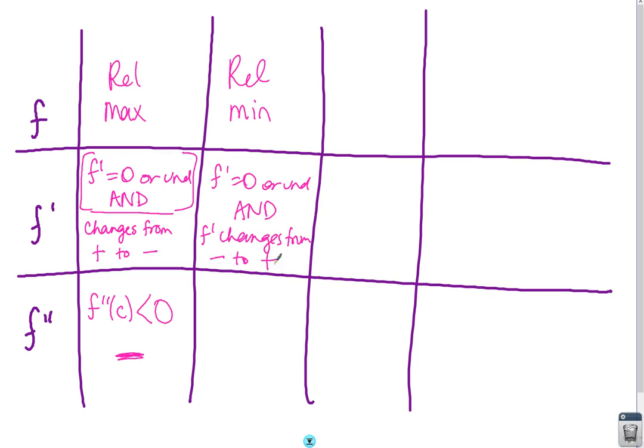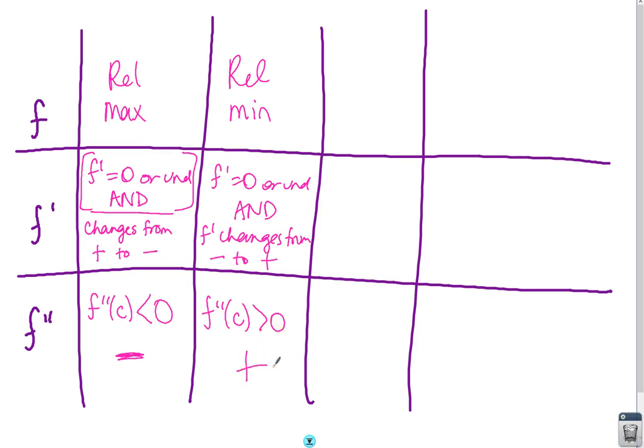Instead of positive to negative for a relative max, you're changing from negative to positive, so you're decreasing and increasing. And your second derivative, since your function would be concave up at that point, would be positive.